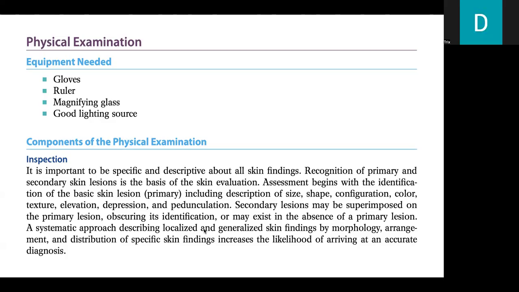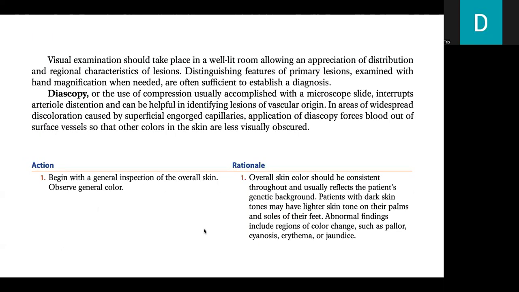the primary lesion. A systemic approach describing localized and generalized skin findings by morphology, arrangement, and distribution of specific skin findings increases the likelihood of arriving at an accurate diagnosis.